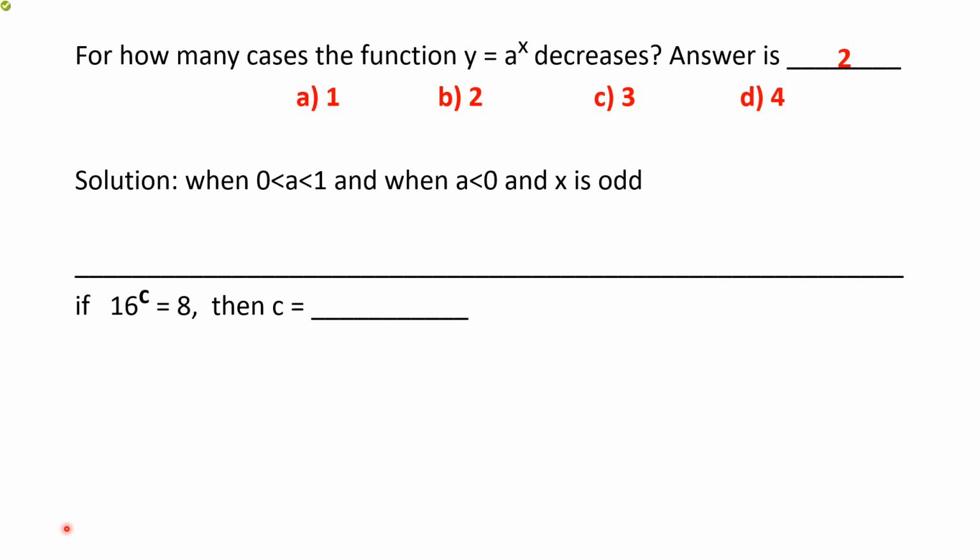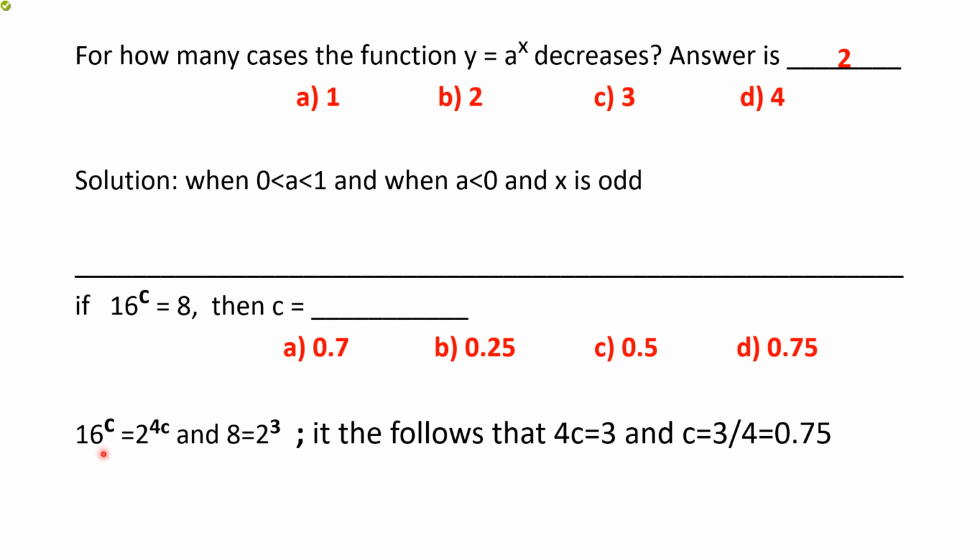The next question is as follows. If 16 to the power c equals 8, then the value of c is equal to, and we have 4 options. Let's take a look at the solution. 16 to the power c equals 2 to the power 4c, and 8 is equal to 2 to the power 3.